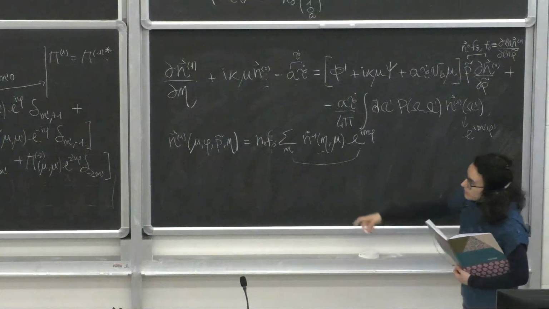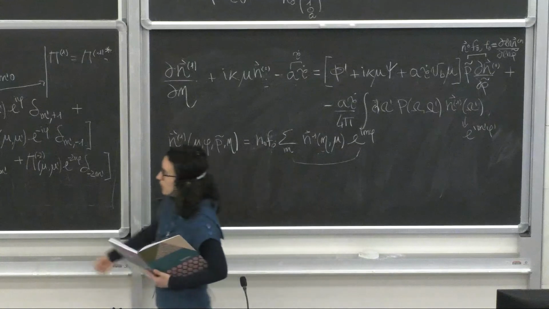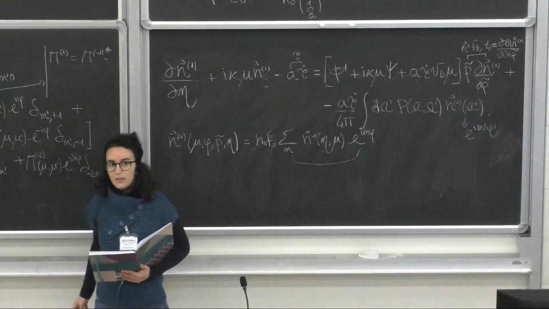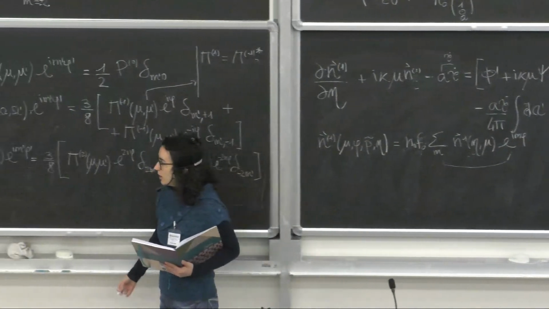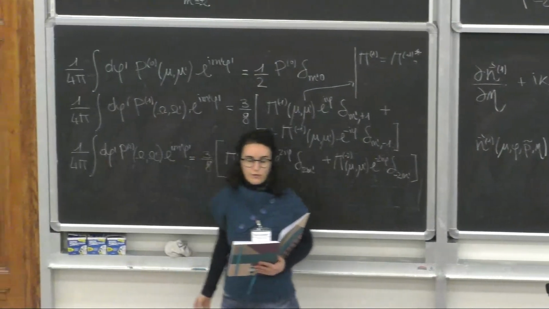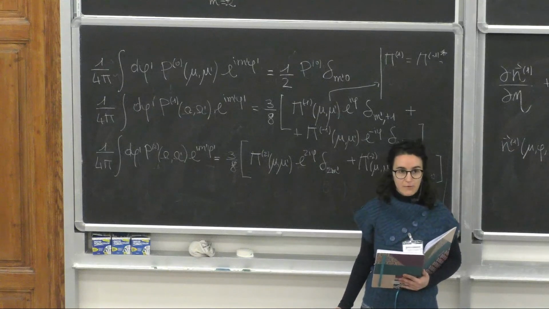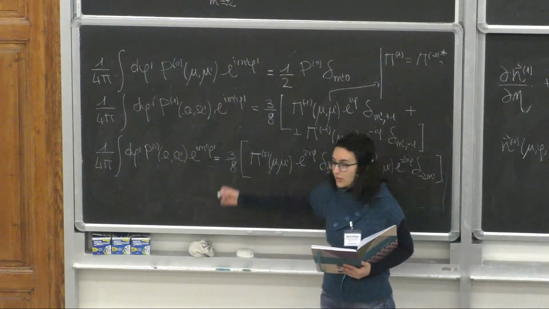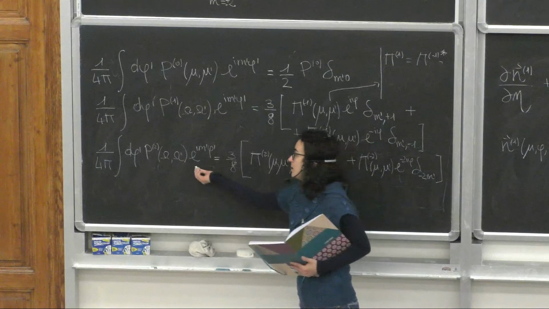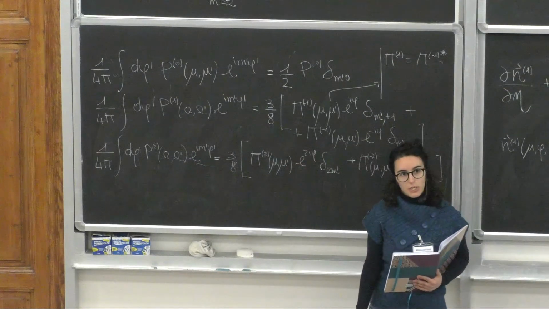And remember that when we expand the integration over the solid angle and extract the integration over phi prime, we know how the different pieces of the scattering matrix behave when we integrate over phi prime times this factor here.